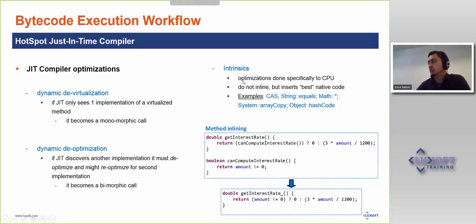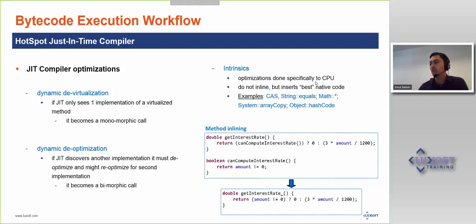Intrinsics are mainly optimizations done in regards with the CPU and the hardware architecture itself. The best example in this case is the compare and swap operation, because it's, in most of the cases, implemented at the hardware level.